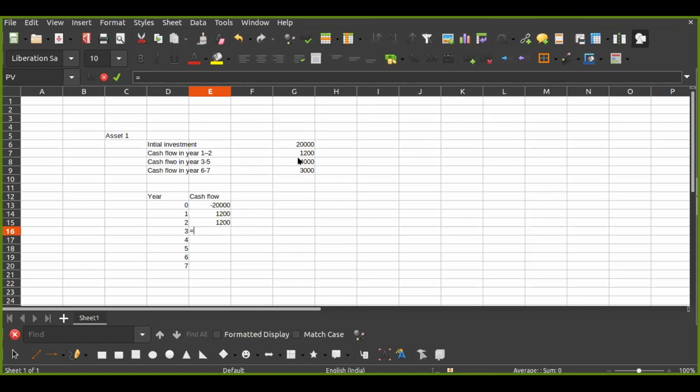And for year 3 it is minus 4,000. For 3 years, 3, 4, 5, it will be negative: 4,000 for the third year, 4th year, 5th year. And for the 6th and 7th year it will be 3,000.